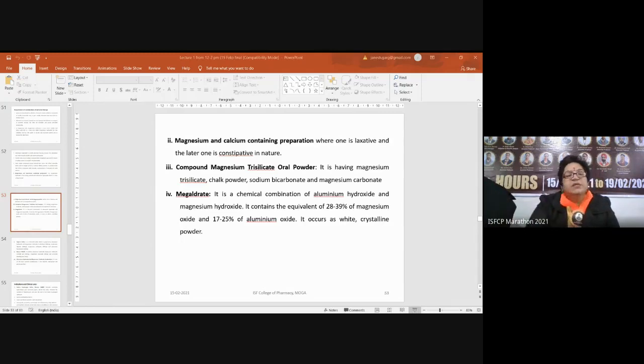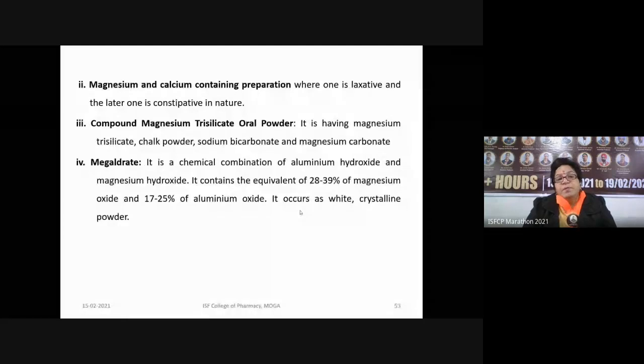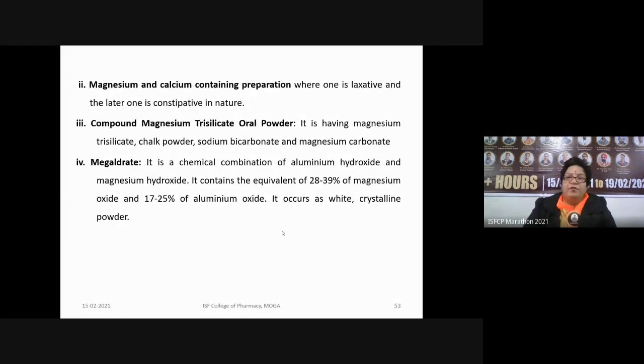Algicon tablets. It is a chewable tablet prepared from aluminum hydroxide, magnesium carbonate co-dried gel, magnesium alginate, magnesium carbonate, and potassium bicarbonate. I have indicated the strengths also. Then Simeco tablets.